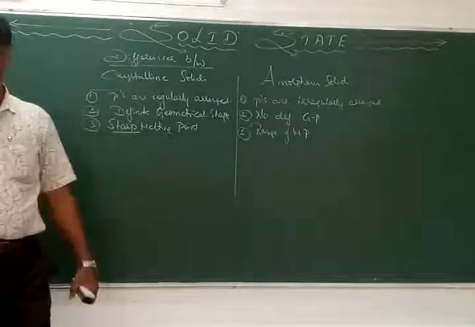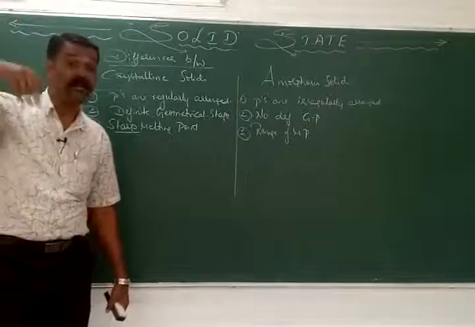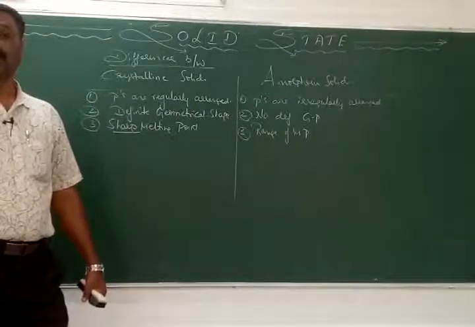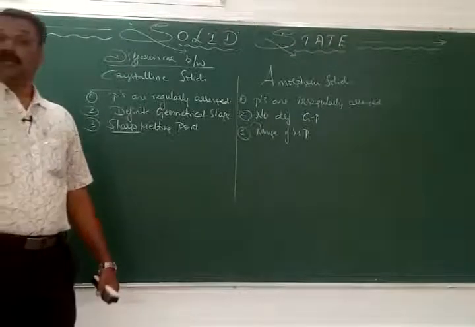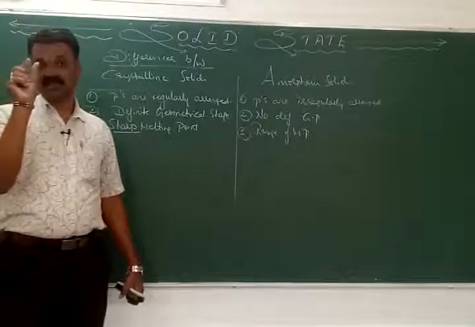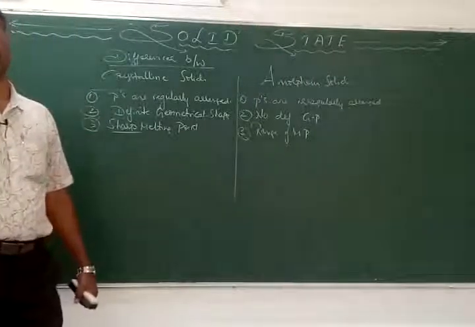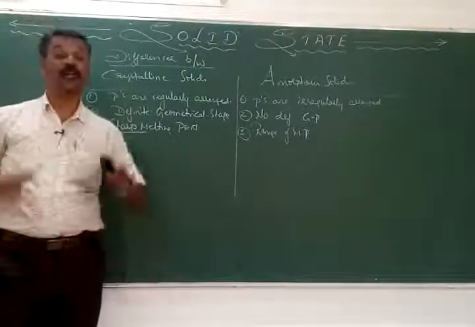But in the same case, even though it is a solid, due to the irregular arrangement of its particles, what happens there? The distance between the two adjacent particles in the amorphous solids is found to be different.